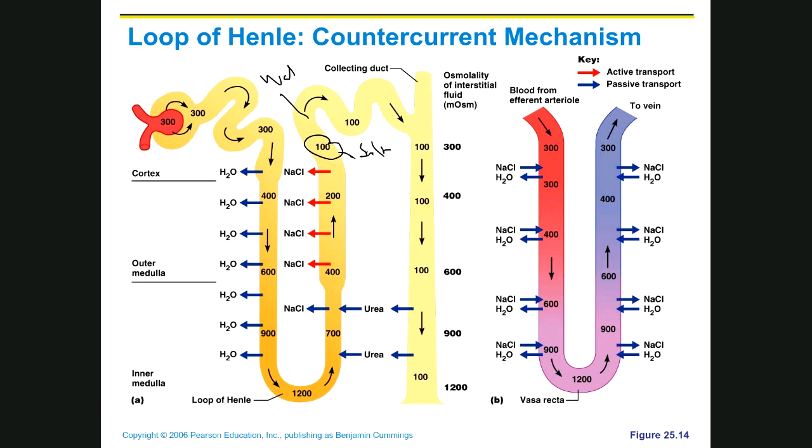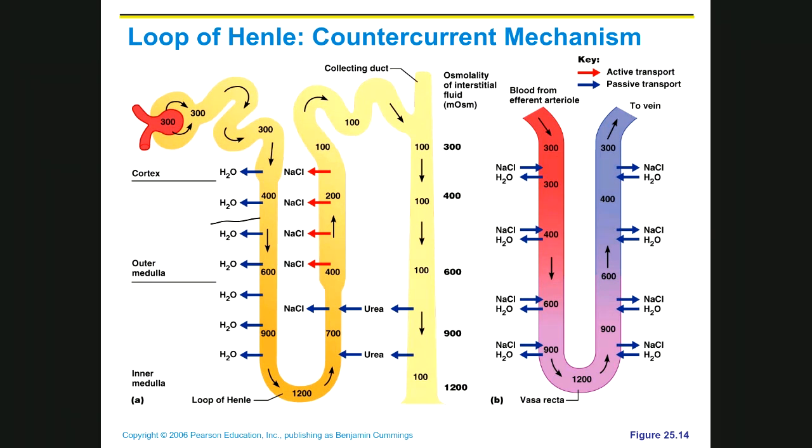It's going to go through here and it's going to go into the collecting duct. And the collecting duct goes right back through this increasing salt concentration again. So, if I look at this, this is permeable to water.